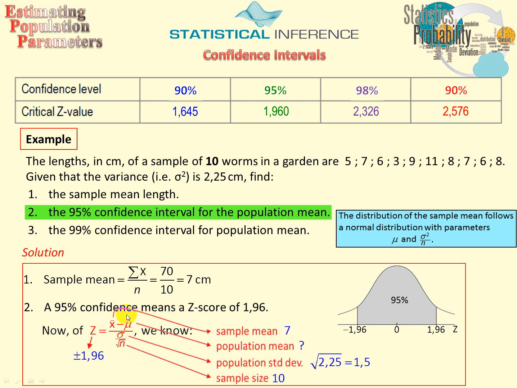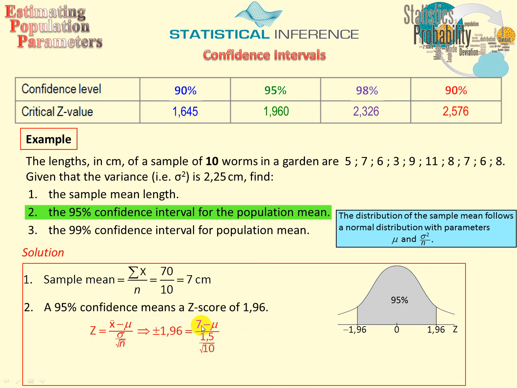Which means now that our formula for the z-score for the sample, if we equate it to plus or minus 1.96, it'll actually give you the values of the population mean, because that's what we're trying to find. So we know the population standard deviation, we know the sample mean, we found it, and we know the sample size.